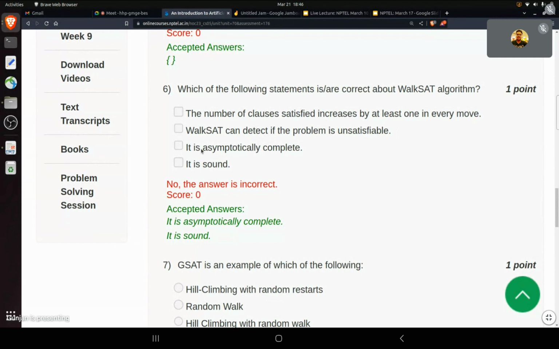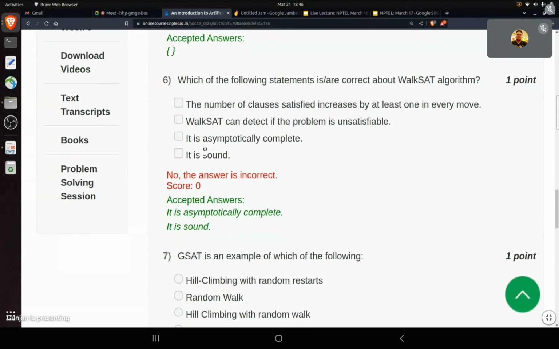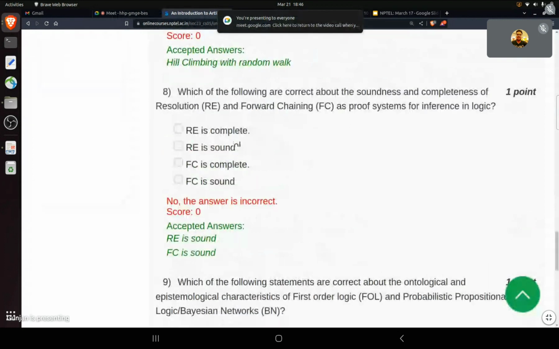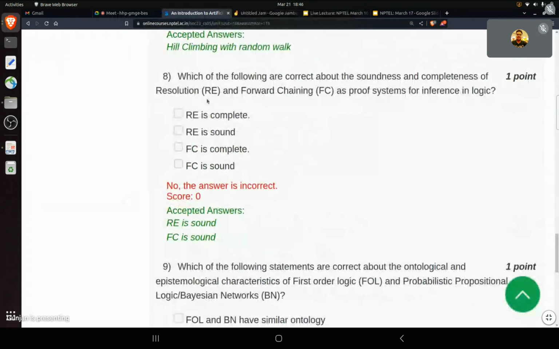So that was one point of discussion that we needed to cover, but I think it is covered here. In question number 8, it is asking which of the following are correct about soundness and completeness of resolution and forward chaining as proof systems for inference in logic. So we just now saw this case, right?